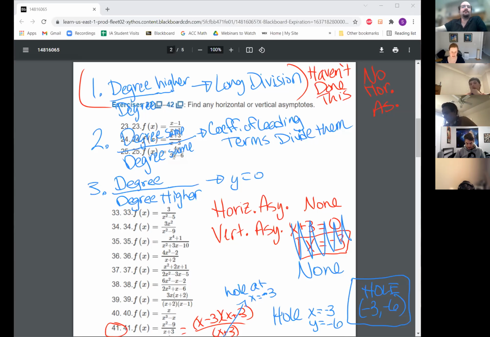That's why I was asking. Because without simplifying it, you wouldn't know that it was a hole and you would think it was a vertical asymptote. So that's the reason I asked. So any questions on that, on the hole, how to find the hole? Please ask now if you have questions.